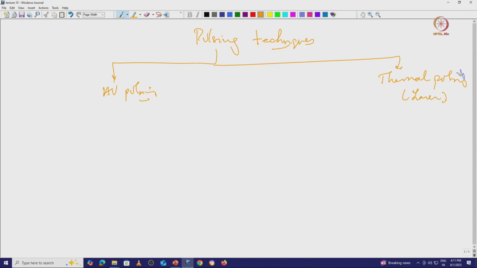Thermal pulsing is mostly related to photon assisted field evaporation. In HV pulsing, we are pulsing the voltage, and this uses fast HV pulses of around a few nanoseconds.